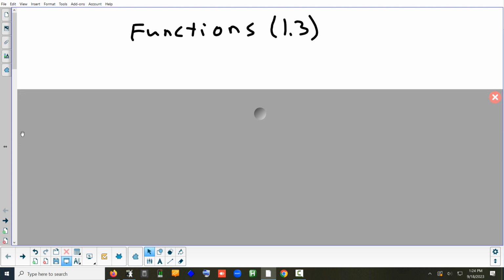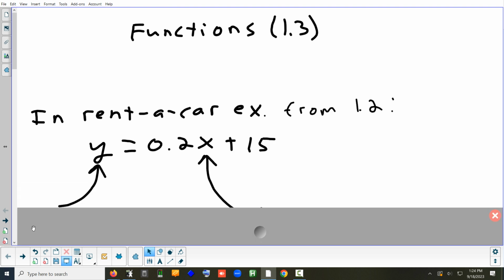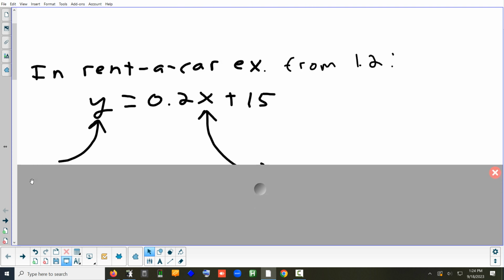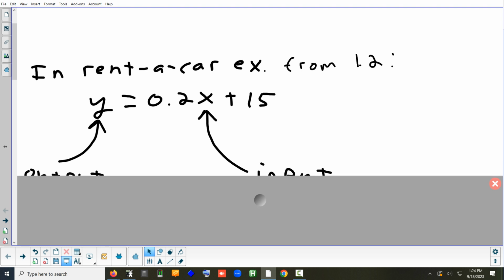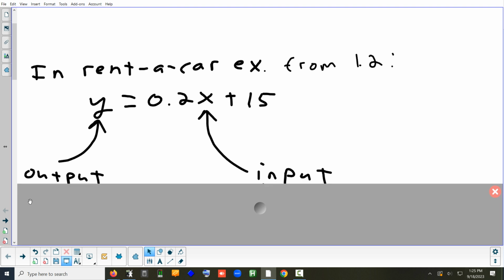All right, so 1.2, just as a reminder, we had done a problem there about renting a car, and it costs, I think it was 20 cents per mile plus $15. So the $15 was like a one-time fee you pay, and then you pay 20 cents for every mile. So when you have two different variables in an equation, one of them is usually x and y, especially when you're doing graphing, but there's also some other names.